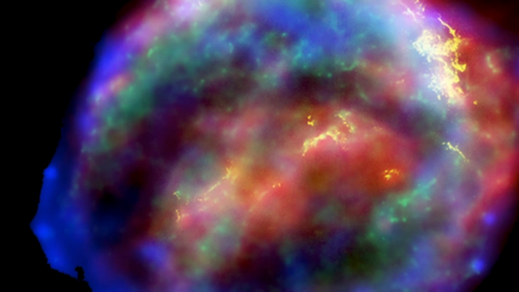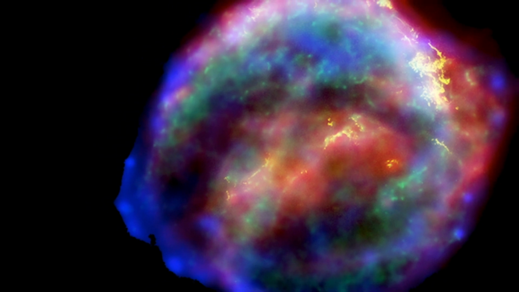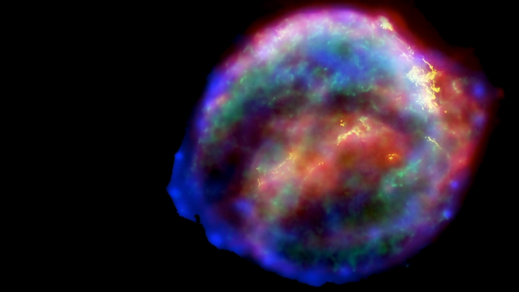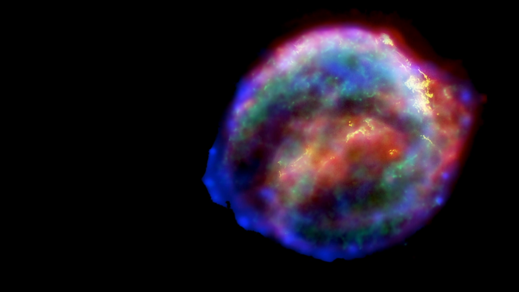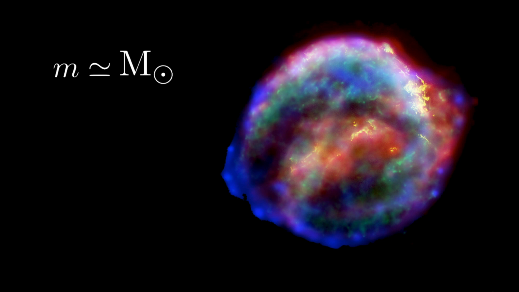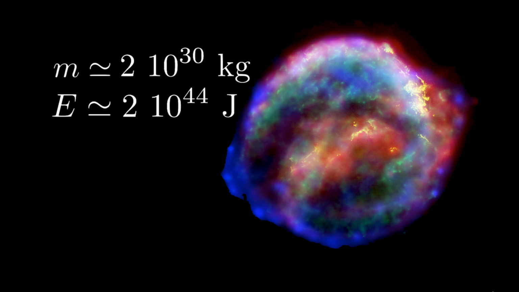For instance, in supernova explosions. For some types of supernovae, like this one, the mass and energy are known with some confidence. The mass is that of the progenitor, the exploding star, with a mass around that of the Sun, which is 2×10^30 kilograms. And the energy is around 2×10^44 joules.